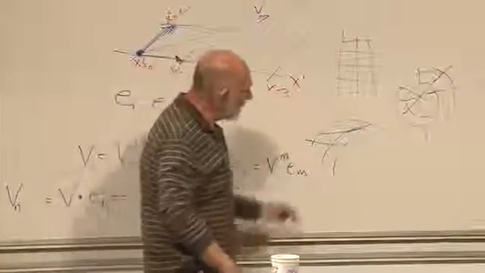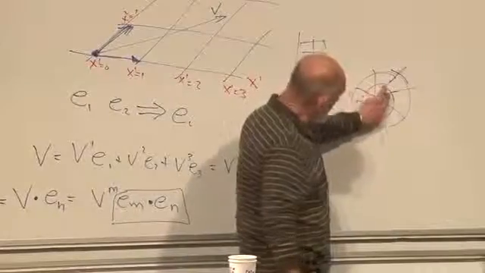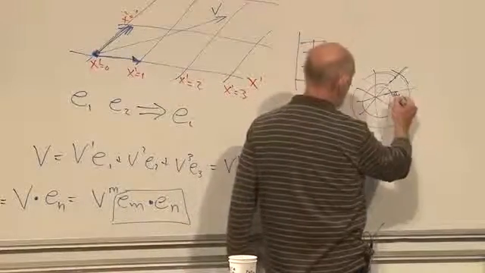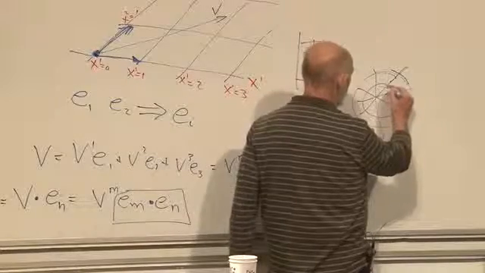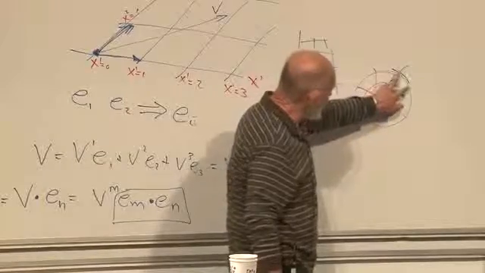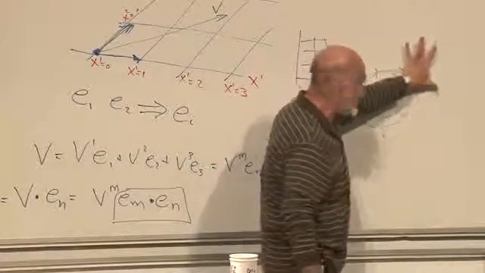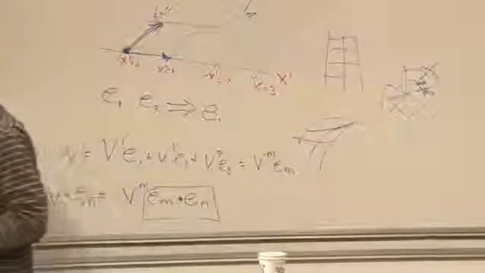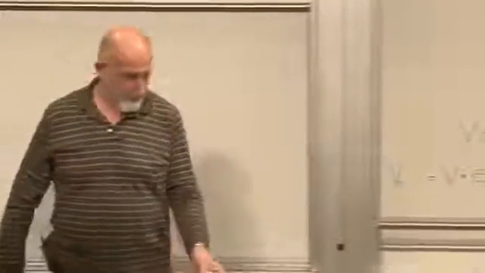But the separation distance between, let's call this theta equals 0 over here, and let's call this theta equals theta 1 over here. The separation between these two points is not the same as the separation between these two points. So these are not Cartesian coordinates.